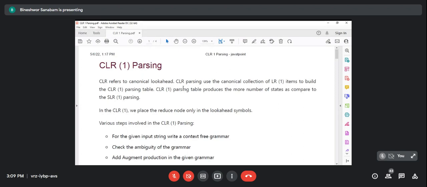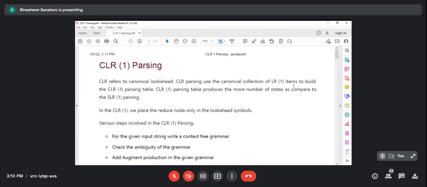CLR parsing is going to use the canonical collection of LR1 items to build your CLR1 parsing table. In the previous two cases, we used LR0 items to build the parsing table. In CLR1, we have to use LR1 items to create the parsing table.